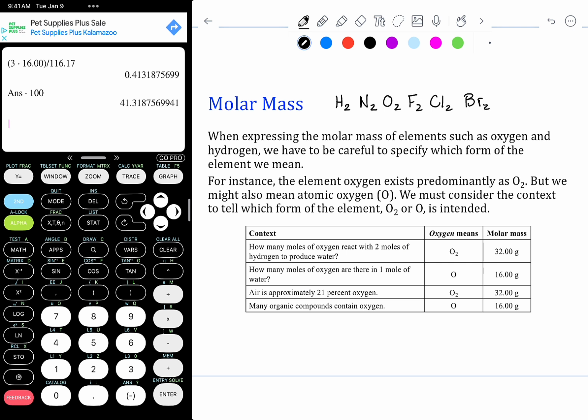They all exist in nature as diatomic molecules. So we have to be careful and specify which form of the element we need.